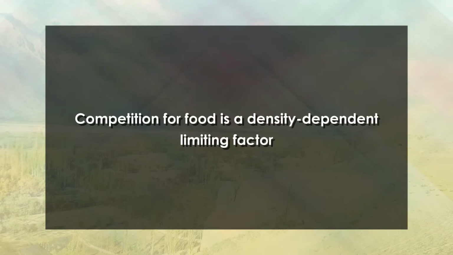Because of the competition, some deer may die of starvation or fail to have offspring, decreasing the per capita, per individual growth rate and causing population size to shrink. In this scenario, competition for food is a density dependent limiting factor.